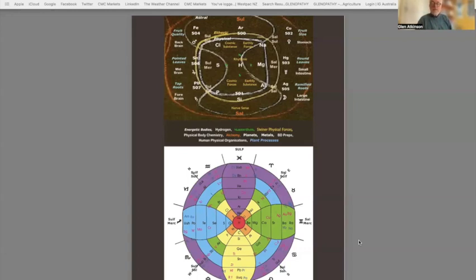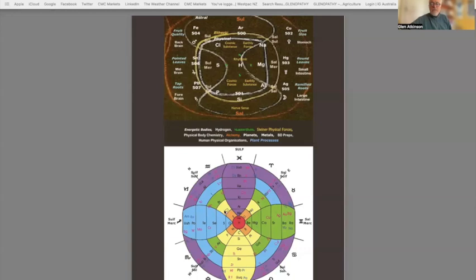Then we can place this over chemistry, and this gives us quite a complex reference system for looking at chemistry. Of course, we're not just stuck with that one ring of elements that I've put in the top picture, but that brings the reference of the internal physical body.